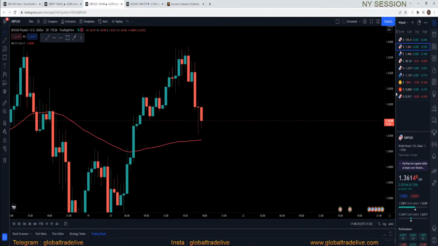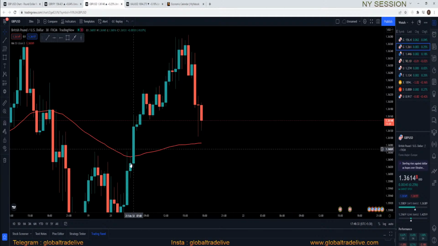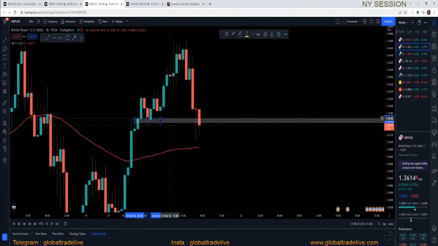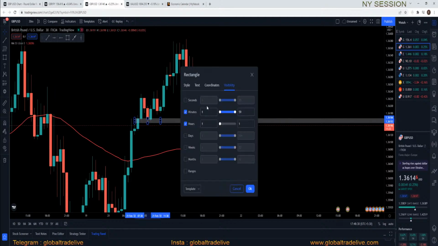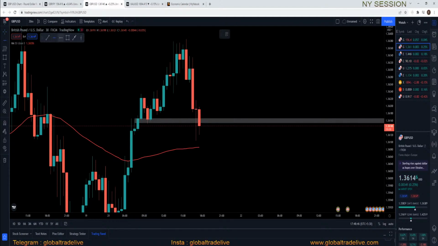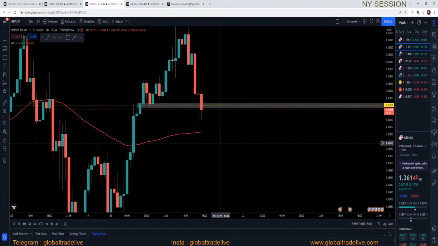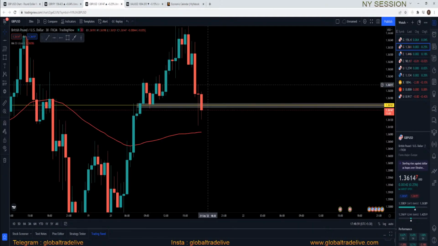And if you talk about 30 minutes over here, then below this area we have this clean range to cover up. Let's see where this 30-minute candle closes.